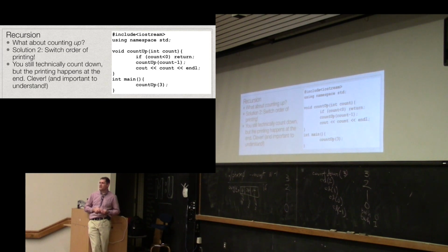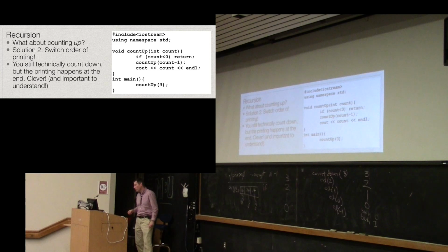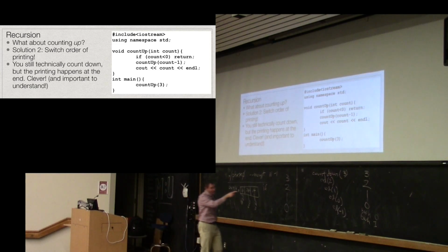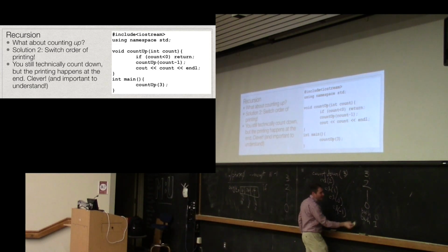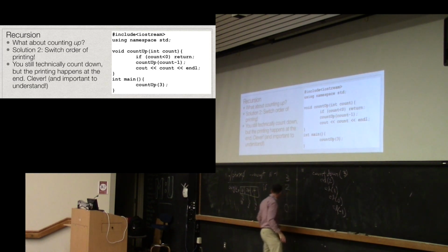This is exactly the same idea as before. In fact, it's almost exactly the same as this, except now we're not printing things quite yet. Count up 3. Call count up 3. Okay?